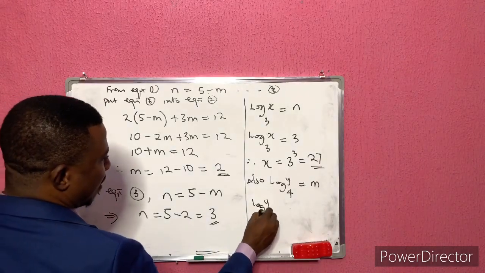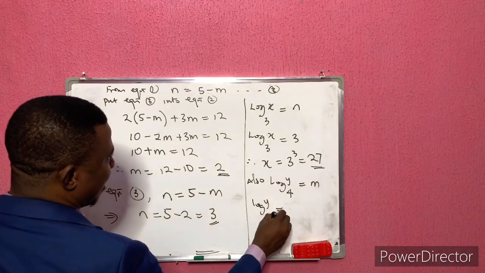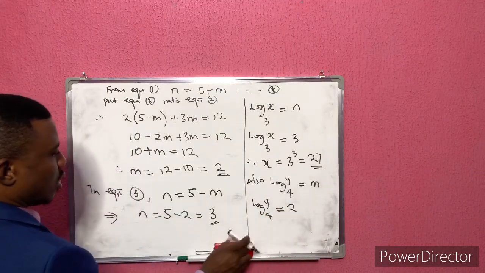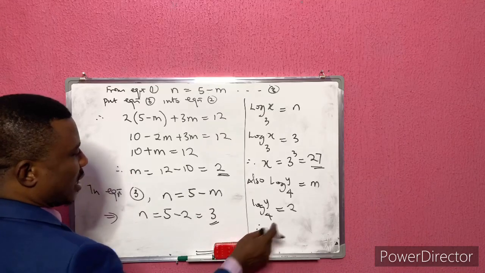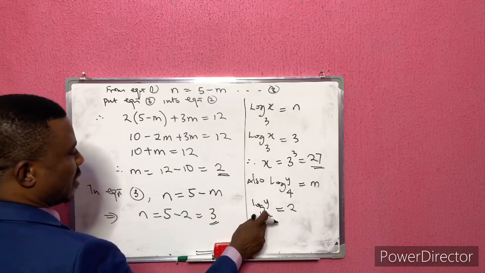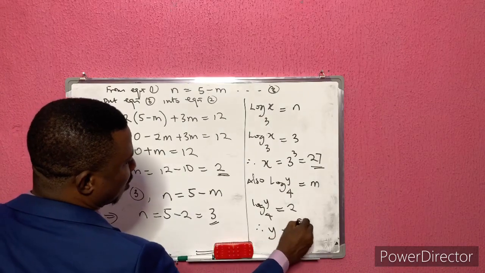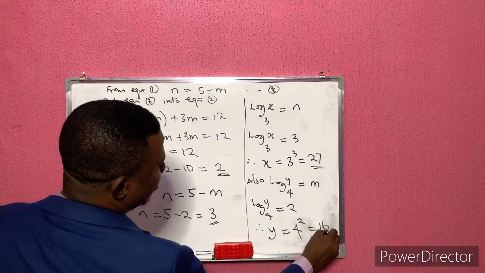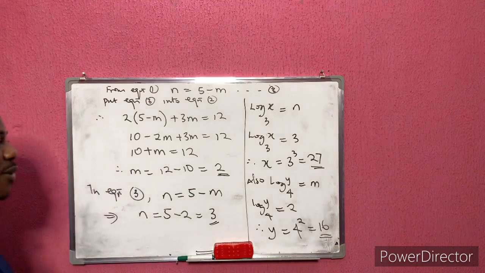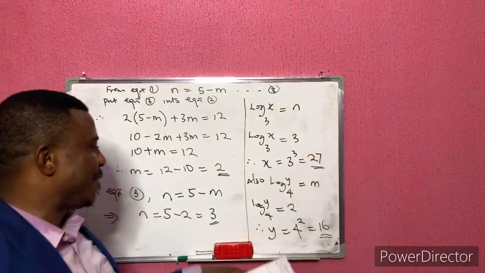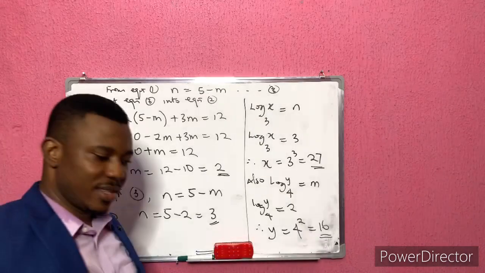Log y base 4, what is m? m is 2. Obeying the logarithm, the quantity becomes the power of the base, so the y becomes 4 raised to the power 2. Give us what? 16, because 4 times 4 is 16. So the answer for x is 27. The answer for y is 16.